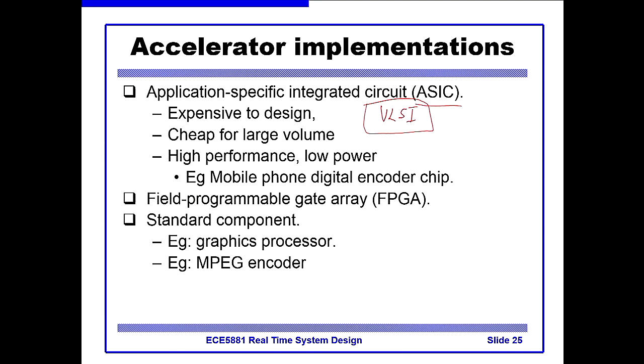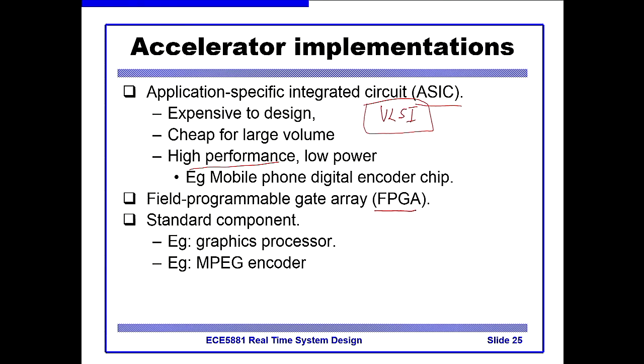So that tends to be only done for very high performance and high volume production, such as a mobile phone encoder chip. So the FPGA technology you're using is in between an ASIC and a software solution.